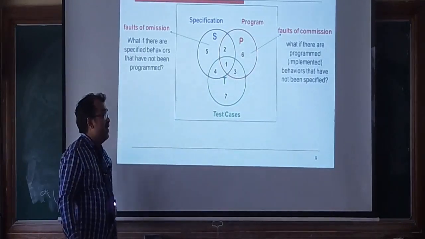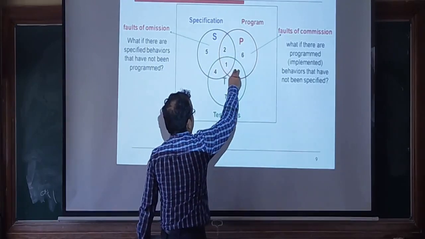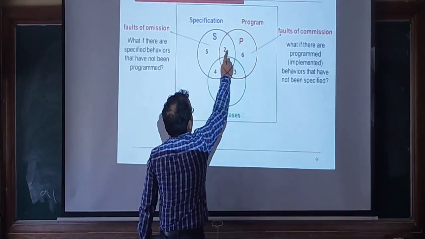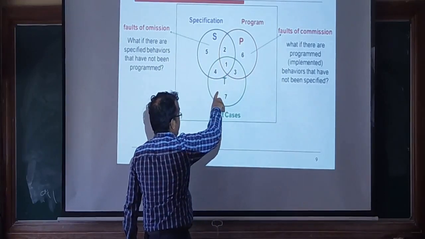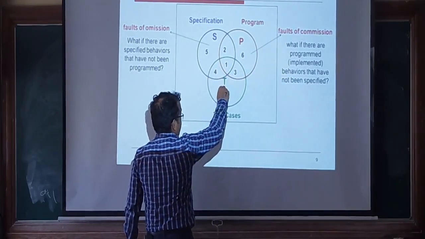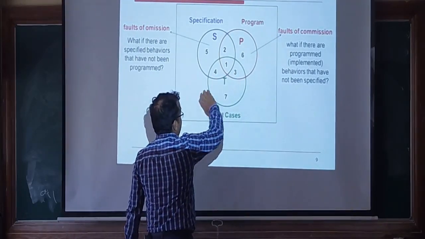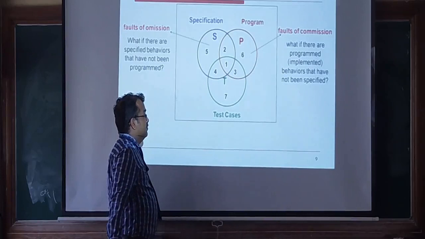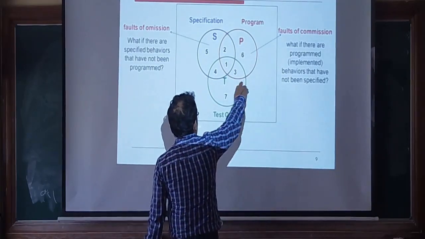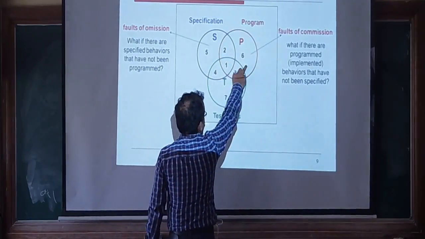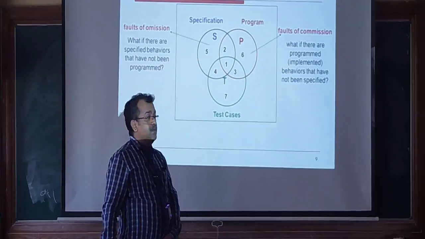Okay. There may be certain regions which are specified as well as programmed but not included in the test cases, like this 2. It is specified, and not being either programmed or tested, is the 5 region. Similarly, we can have the specified and programmed part but not tested, which is the 6 and 2. Okay.